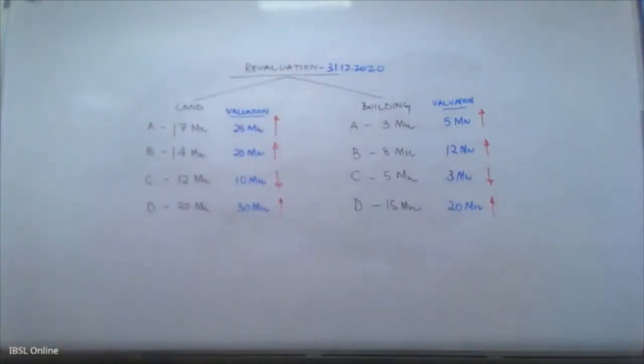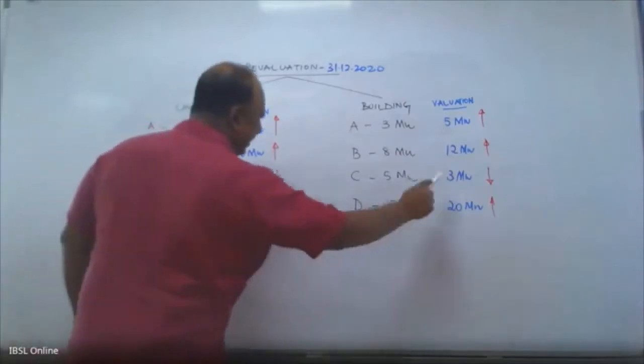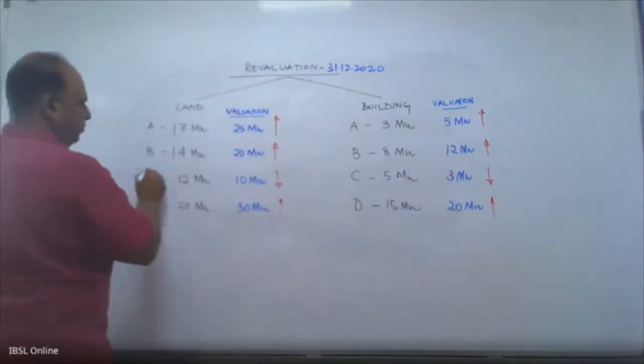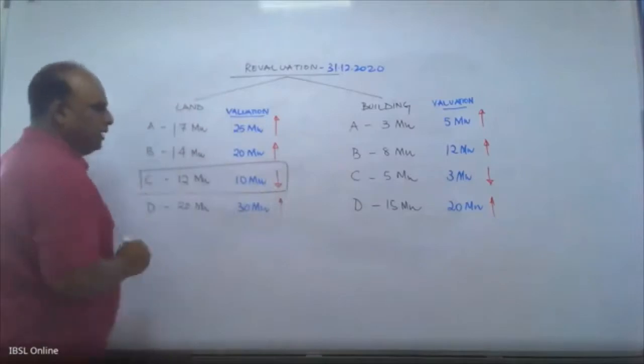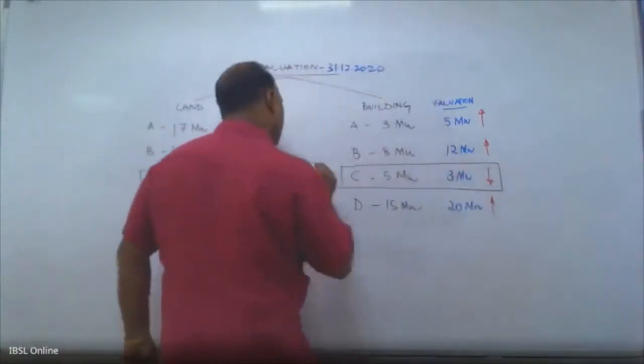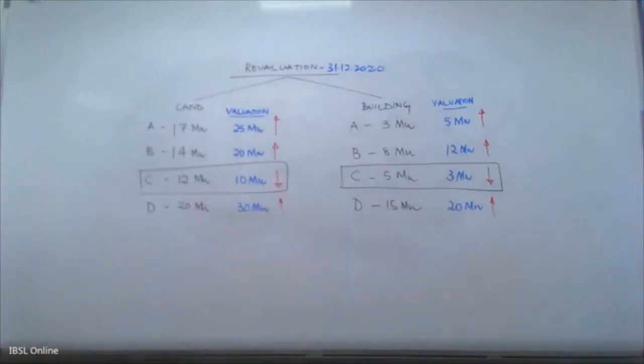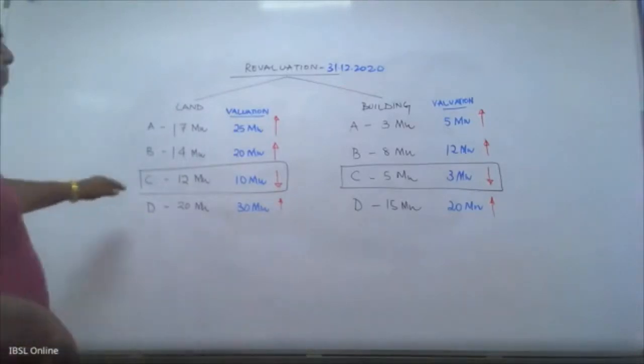So once you get the valuation reports, you observe that out of the 4 land and buildings, this building C, the values have come down. But the rest has gone up. So value coming down is a problem to you, but value going up is favorable to you.